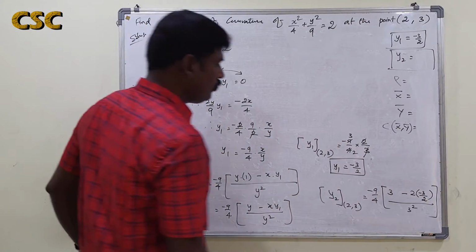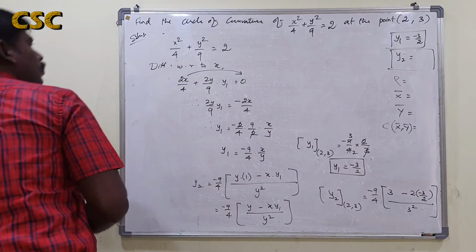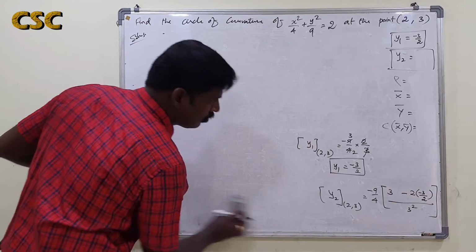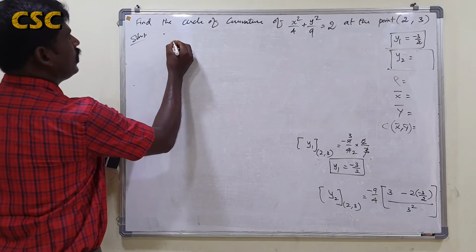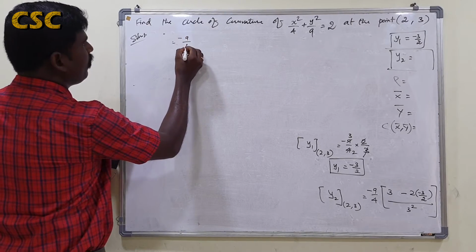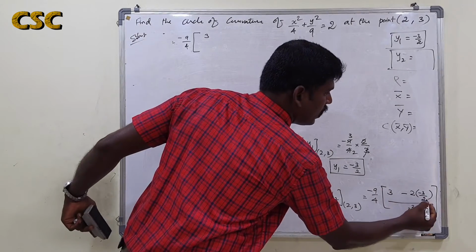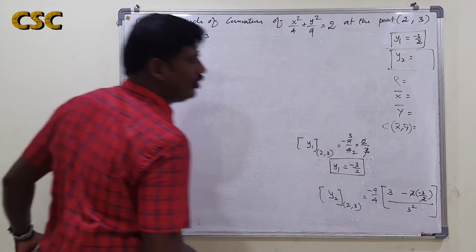Simplifying, minus 9 by 4 into 3, the minus minus becomes plus, and the 2 cancels with the 2.